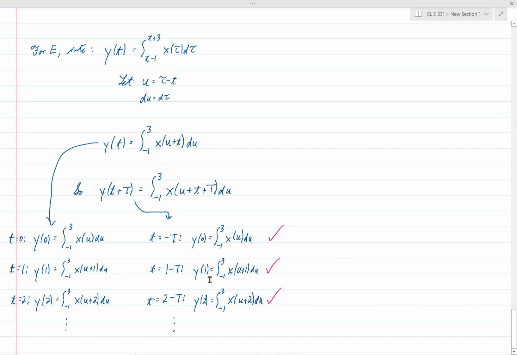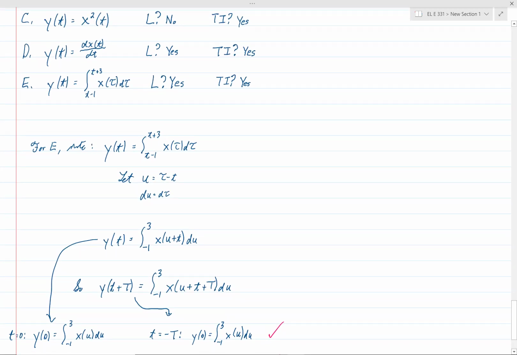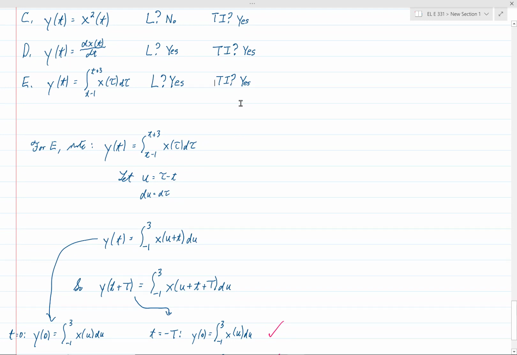At t equals 1 minus t, we would get this, which is identical to that. And finally, at t equals 2 minus t, we would get this, which is identical to that. So that tells us that indeed, as we said already, E is time invariant. That one was just a little trickier to see how to get that t. It's not so obvious here that this t is still, in a sense, inside the argument of x.